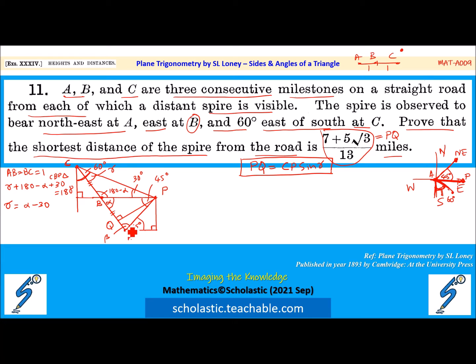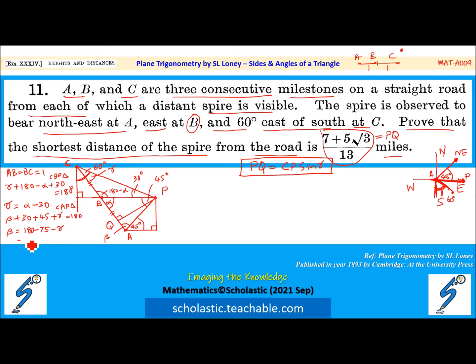Also, we can write an equation for beta. Beta plus 30 plus 45 plus gamma equal to 180 degrees, which is coming from triangle CAP. So this will give us the angle for beta equal to 180 minus 75 minus gamma.